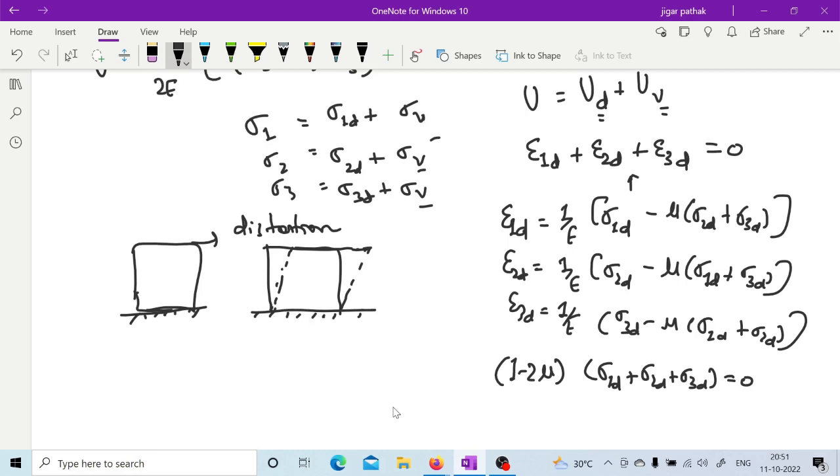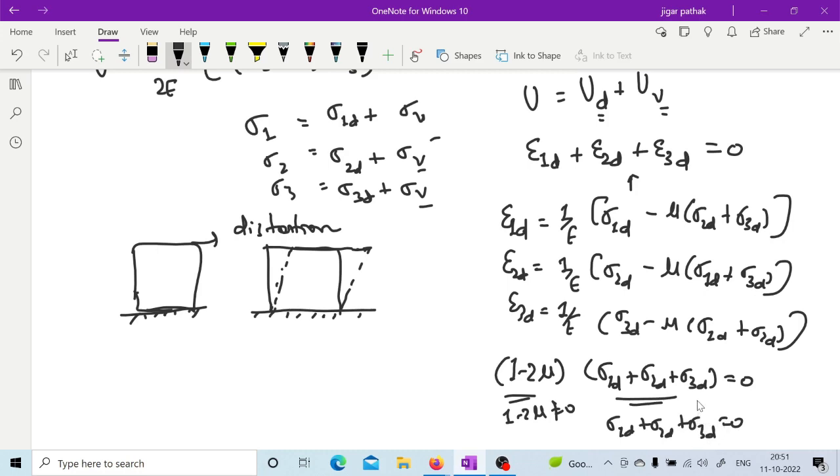As you know, 1 minus 2 mu cannot be 0, which means sigma 1d, sigma 2d, sigma 3d is equal to 0.